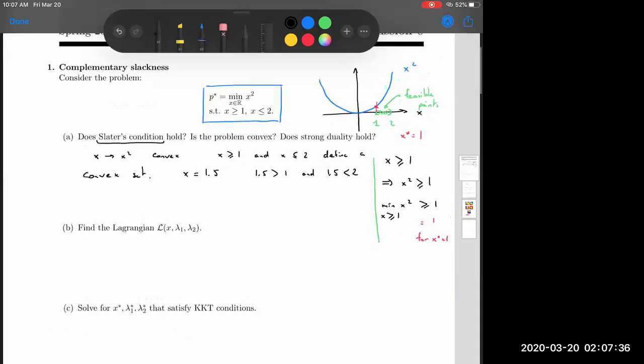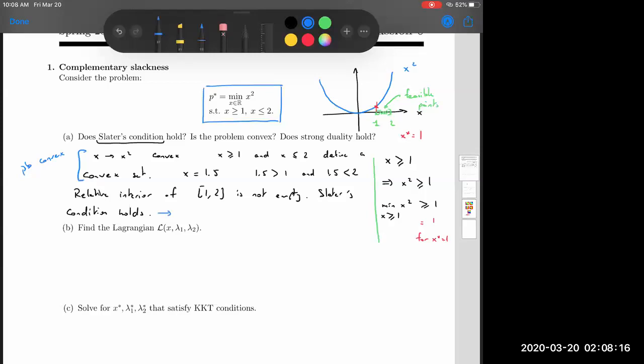So the relative interior of the feasible set is not empty. So the Slater conditions hold. This shows that the problem is convex, and because the Slater condition holds, we have strong duality.